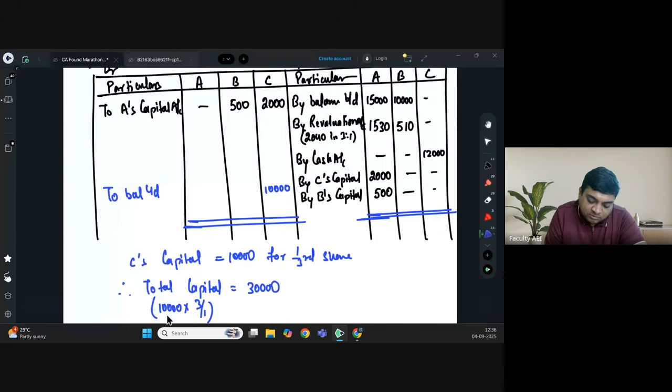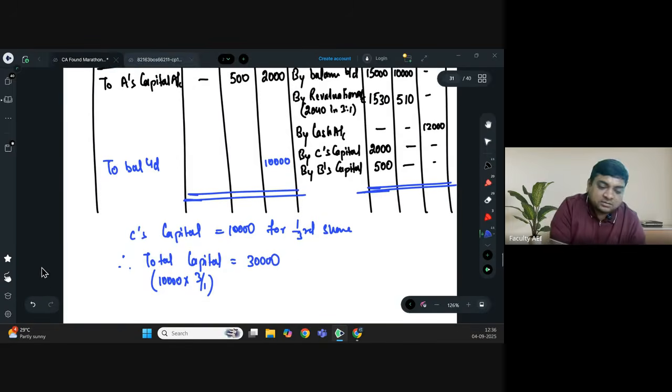Therefore, total capital will be 30,000. 10,000 into 3 by 1. If 10,000 is for 1/3 share, how much is total? 30,000.